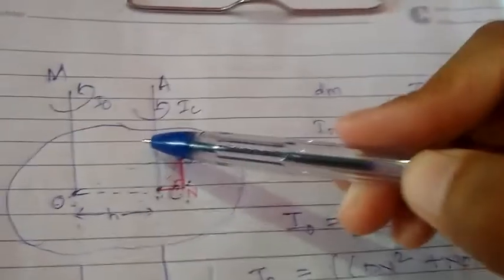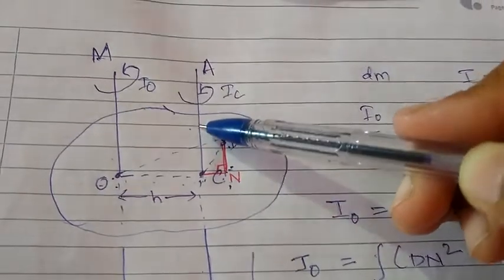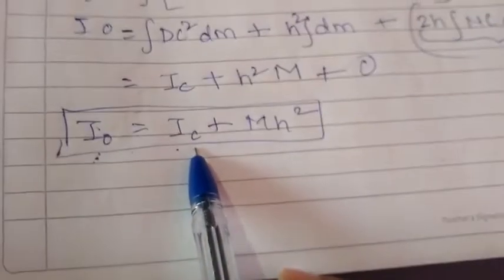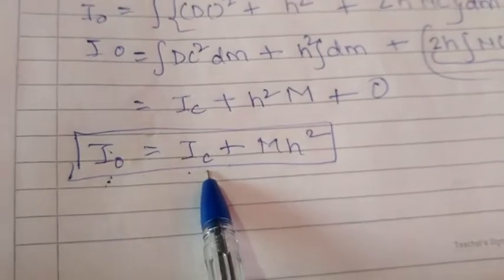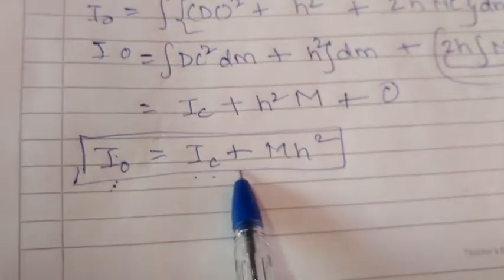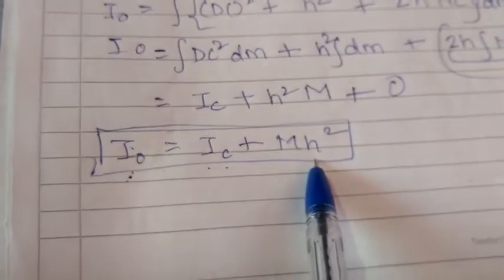This second axis was parallel to the given axis and it was passing through the center of mass. And in this axis, the moment of inertia was IC. Plus the product of mass of the object and square of the distance between the axes.